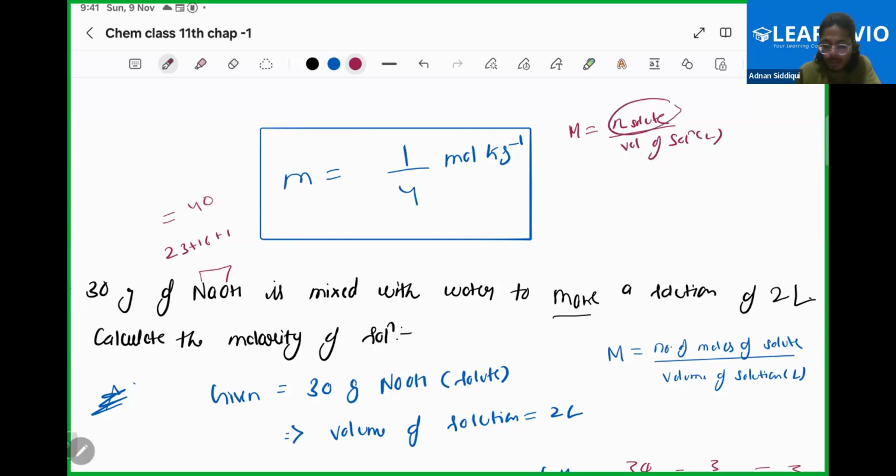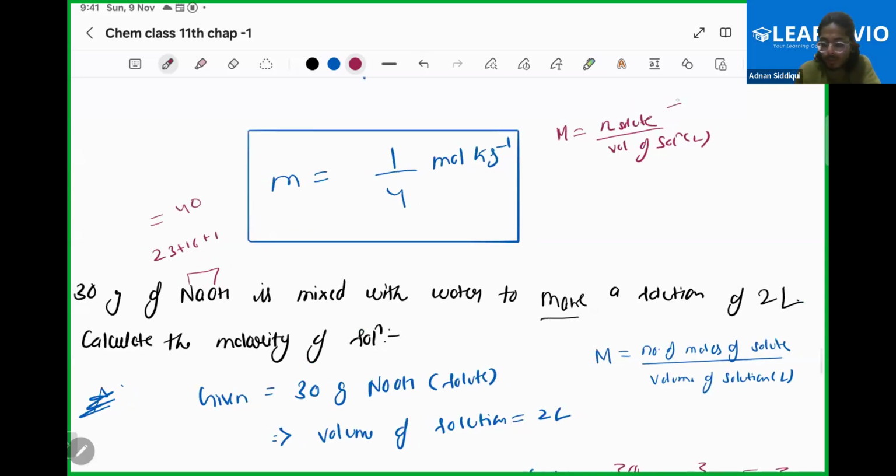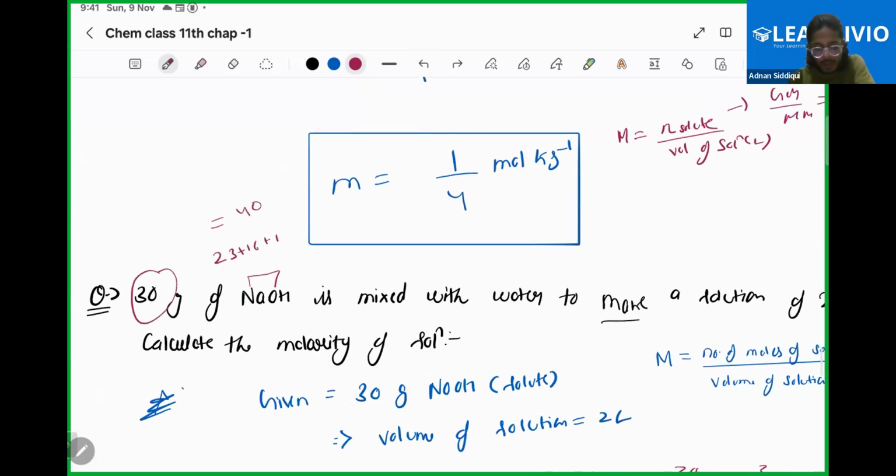How can you calculate the number of moles? You have two formulas: given mass upon molar mass, and given number upon Avogadro number. This is your given mass, so you have to convert it into number of moles. First you will do given mass upon molar mass. The given mass is 30, and the molar mass you can calculate by adding atomic masses, 40.